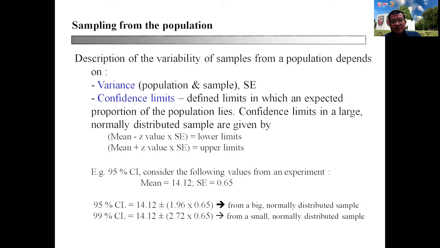Let's move on to the description of the samples itself. When you are sampling from the population, it's important for us to have an idea of description of variability. So this description of variability can be seen from a perspective of variance and standard error. And then, of course, it could also be described according to confidence limits.